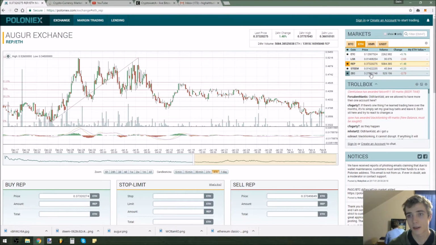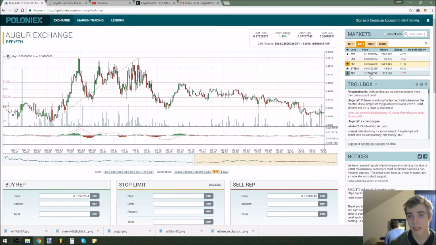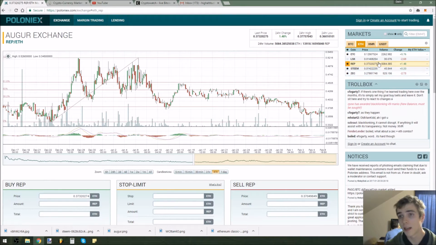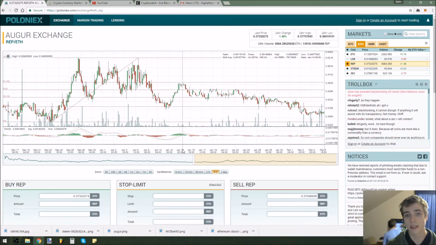But it's still relevant because there's a ton of volume that goes on in Poloniex specifically, and that dictates where the value of these go.